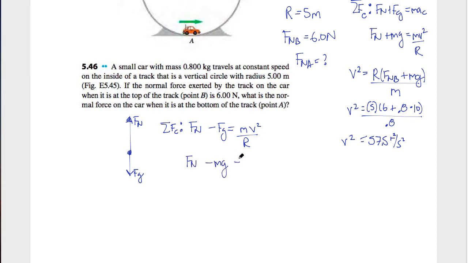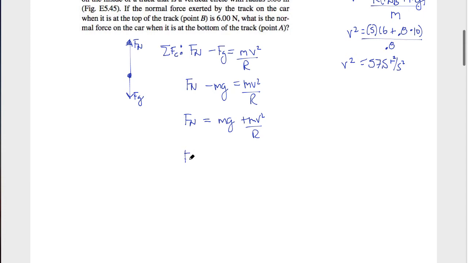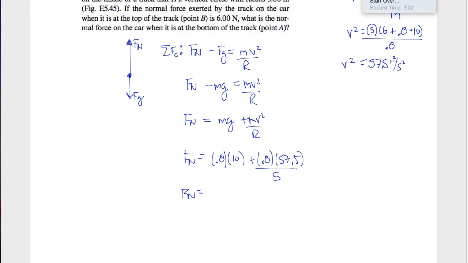Normal force minus mg equals mv squared over r, so normal force equals mg plus mv squared over r. Substituting, 0.8 times 10 plus 0.8 times 57.5 over the radius of 5, we plug this into our calculator and get a normal force of 17.2 newtons.